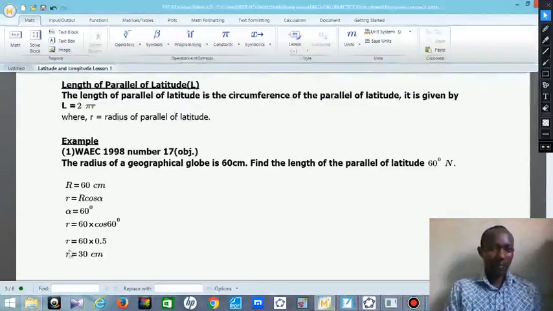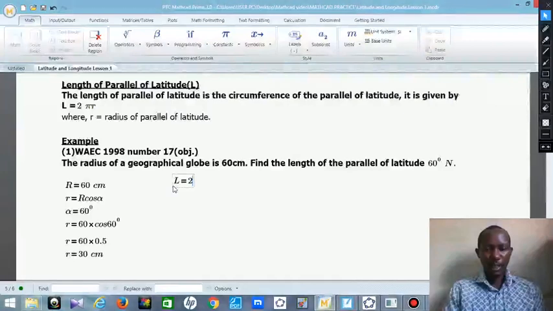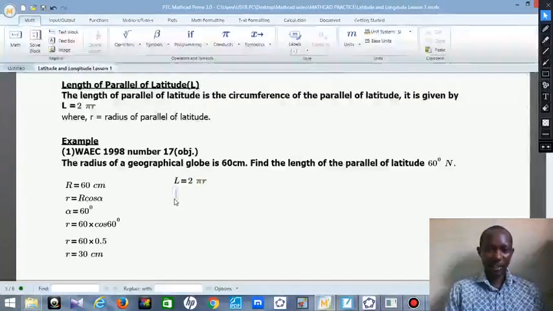So take note of that. So now that we know the radius, you can get the length. You can now say therefore length is equal to 2 pi r. And it will be easy for us to calculate now.